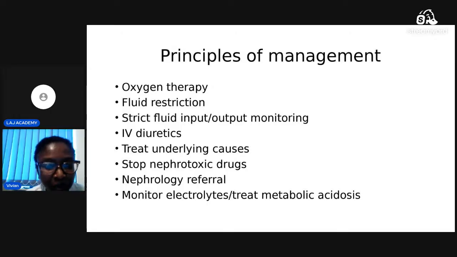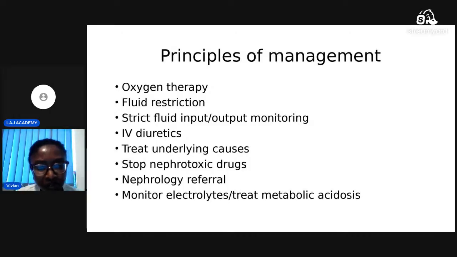Okay, then the principles of management. They are usually managed in the HDU, and the initial management would be oxygen therapy, fluid restriction, and strict fluid input and output monitoring. To monitor the fluid, we will need to insert a catheter to measure the urinary output, and do hourly documentation of her fluid intake.